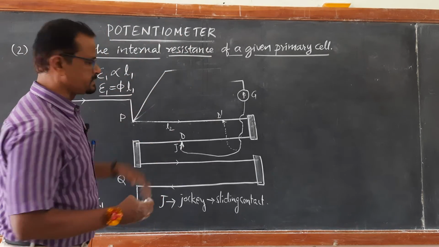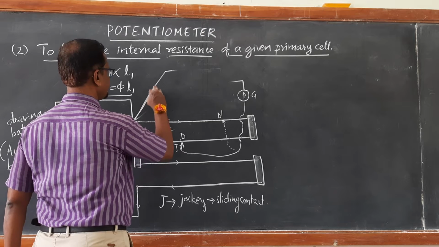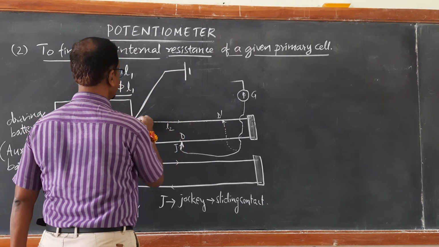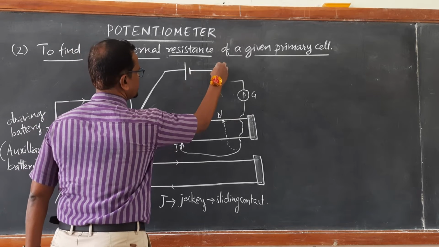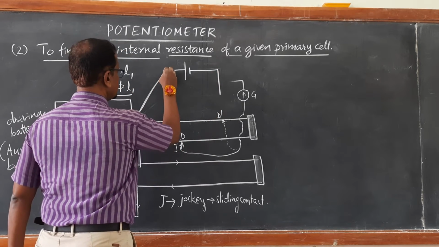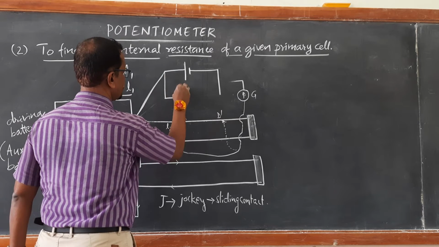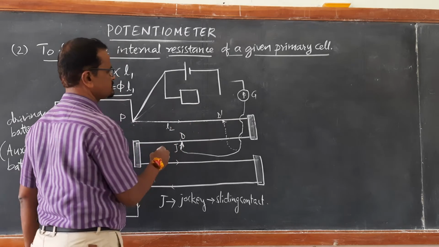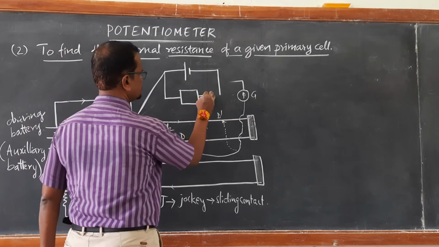So only one cell is taken here and the positive terminal of that cell is connected to the point P, and to the negative terminal a resistance box of usually low resistance is connected in parallel.